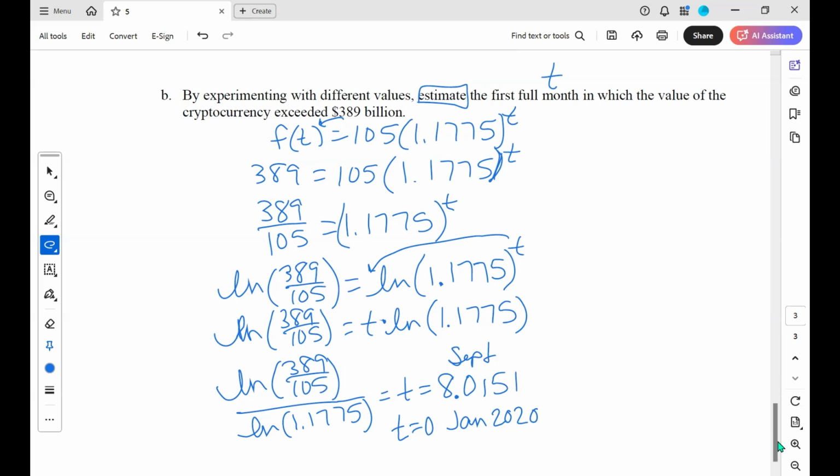However, this is asking for the first full month in which the value exceeds 389 billion. It will exceed 389 billion in September, but not the full month of September. So in this case, our answer is going to be October of 2020. That's the first full month that it has exceeded 389 billion.